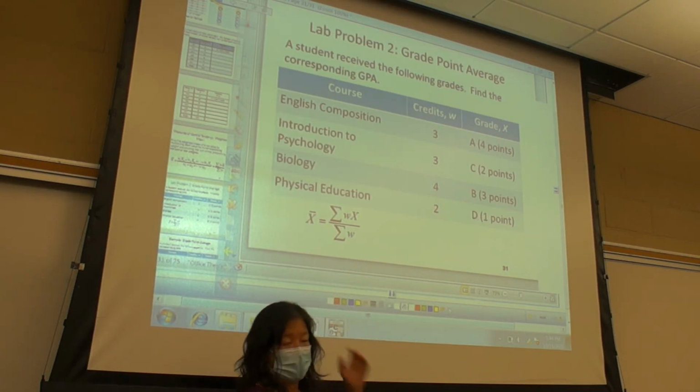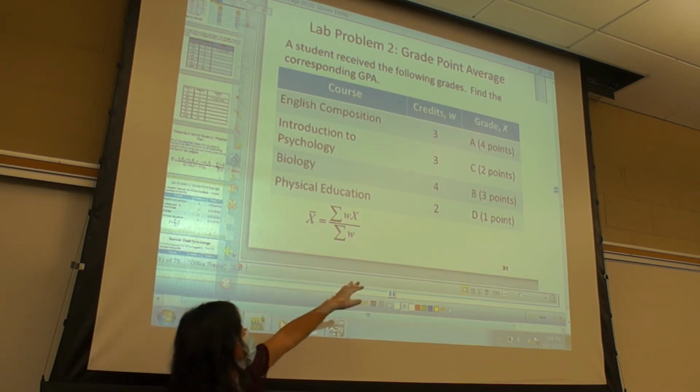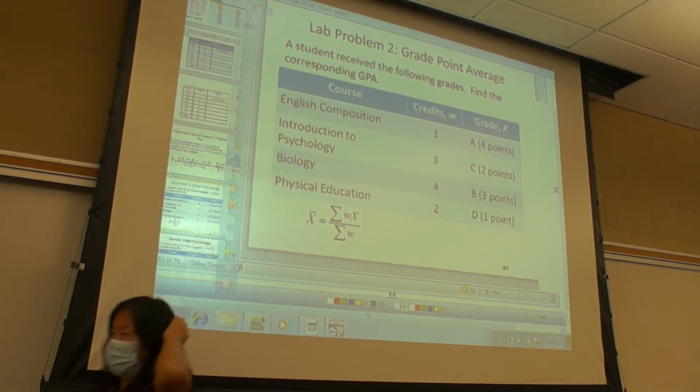So 4 units has a stronger weight than a 3-unit class or a 2-unit class. Everybody understanding that? This class is a 4-unit class. It will have more weight than a 3-unit class you guys are taking. So if you take this class and you get a B, take that class and you get an A, they don't average to a 3.5. This one's weighted a little bit stronger. So this is the one you want to get an A in because it's weighted more.